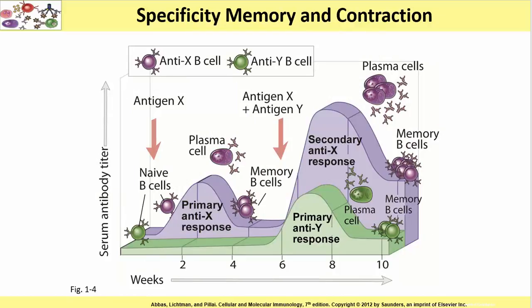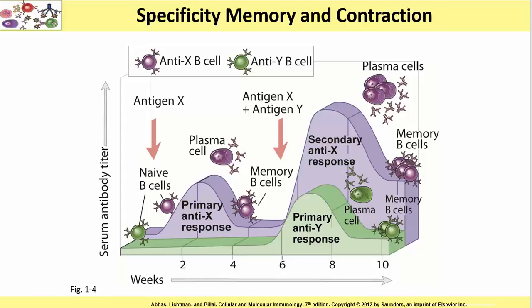The adaptive immunity has memory, and this is a very important thing. So an antigen is presented. The primary response is fairly small and it takes a little bit of time.